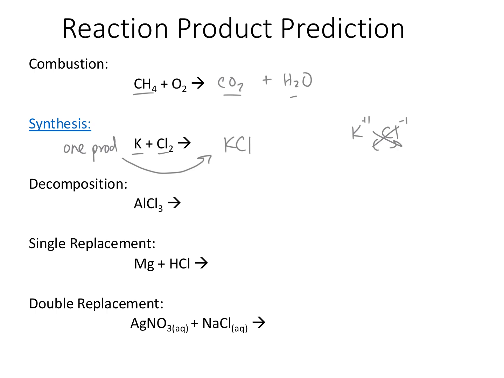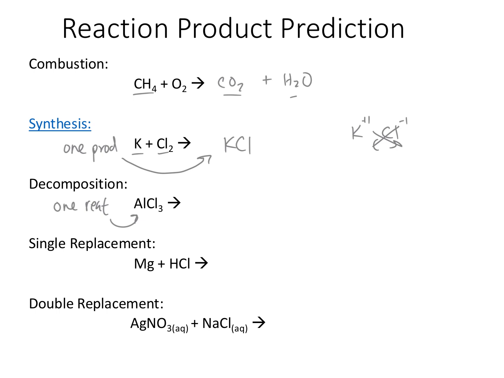Decomposition is the opposite of synthesis, or the reverse of synthesis. So in the case of decomposition, we're going to have one reactant, and that one reactant is going to break down into simpler pieces. Because I'm making you predict the products, we're just going to break them down into their simplest form.